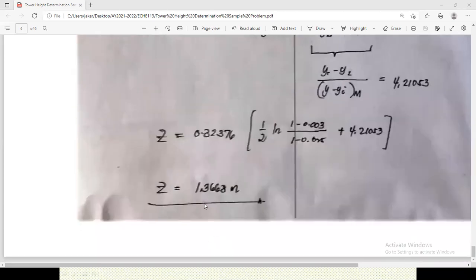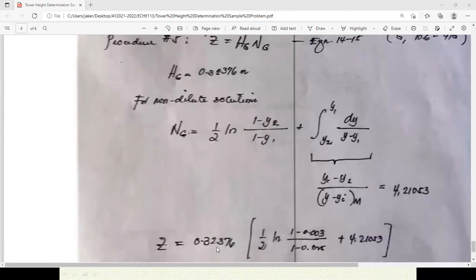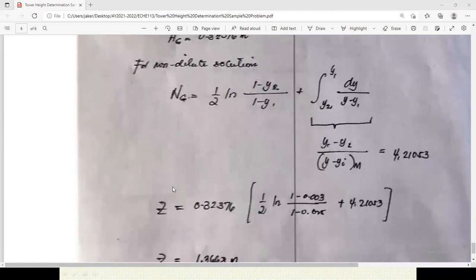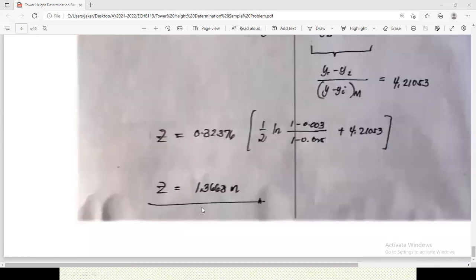The answer is 1.3668. So why did I use this one? Even if we use a formula for non-dilute solutions for the number of transfer units based on the gas phase resistance, your answer will not vary much from the answers in procedures 1 and 3.